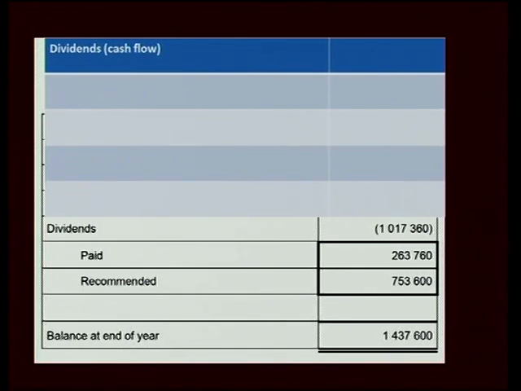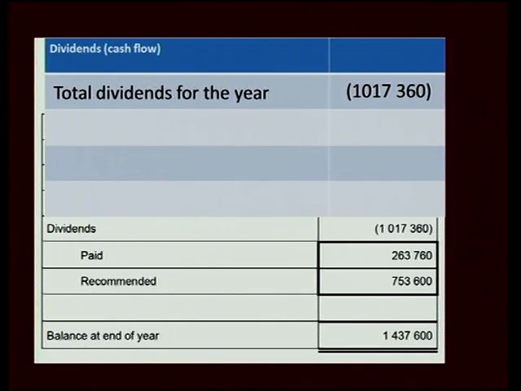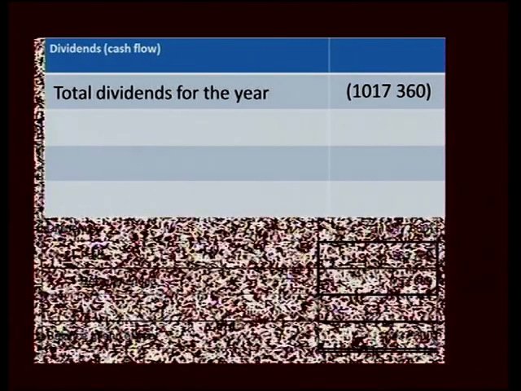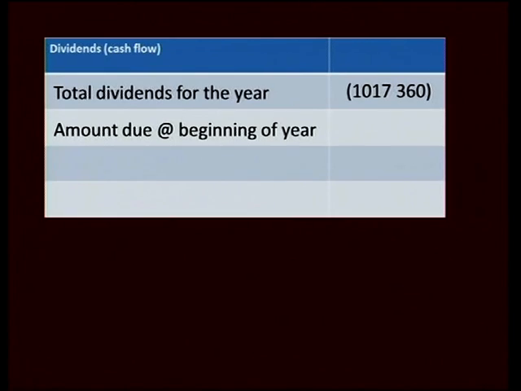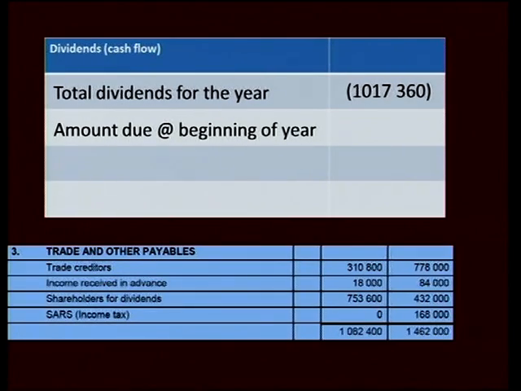Okay. So let's work it out in a way, cash flow, let's just draw a table that says the dividends for the year. I'm not saying the dividends that was paid. The dividends from the statement says 1,017,360. That would have been a way equity is decreased in the company. Okay. Now we need to find the amount due at the beginning of the year, and we'll find that in the statements, 432,000.